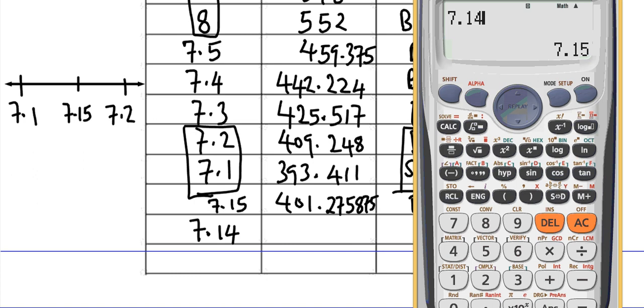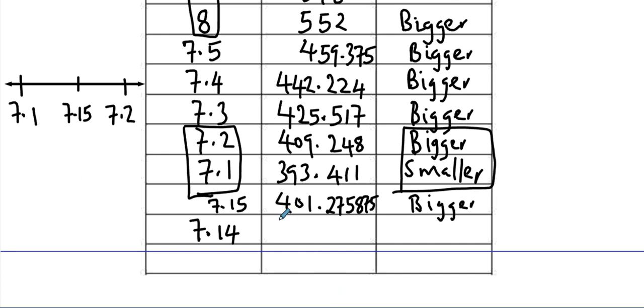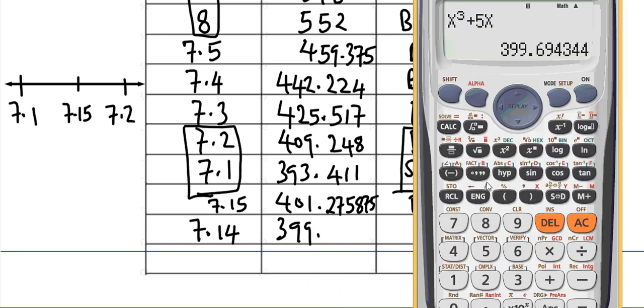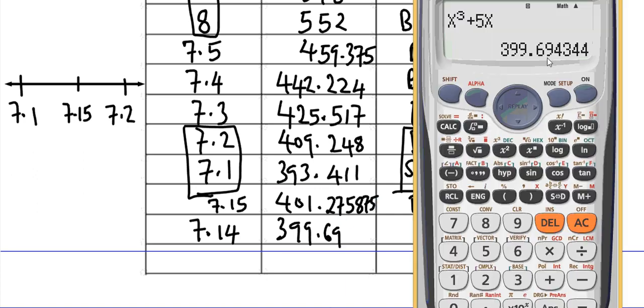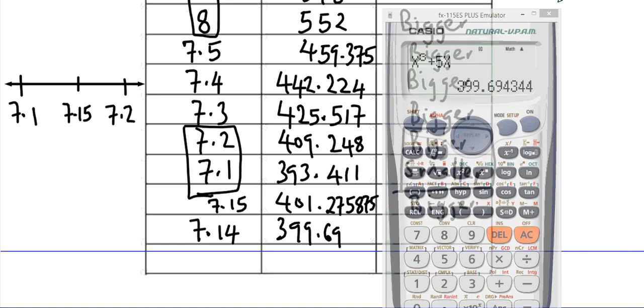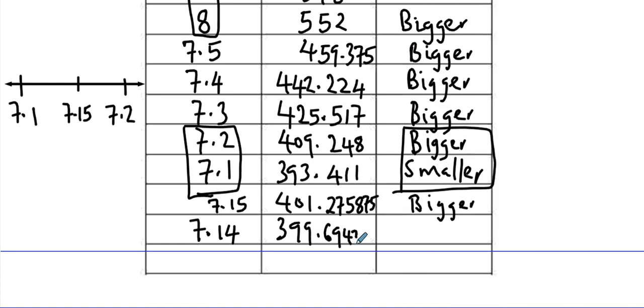We are getting a smaller number, 399.694344. So this result is smaller than 400.